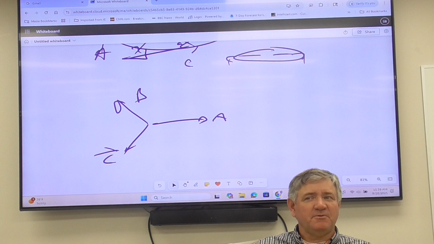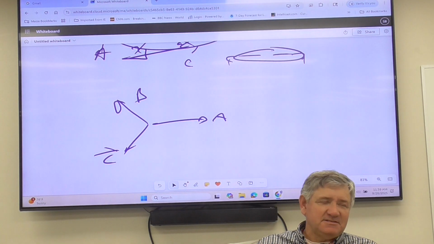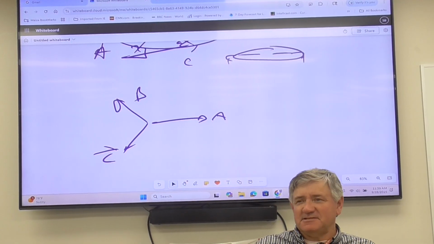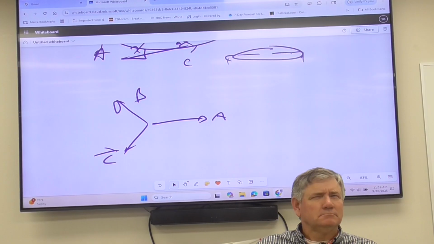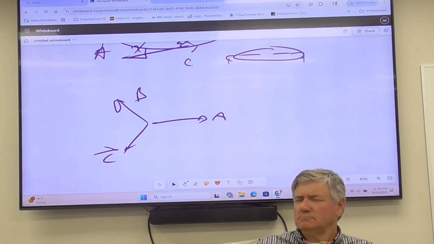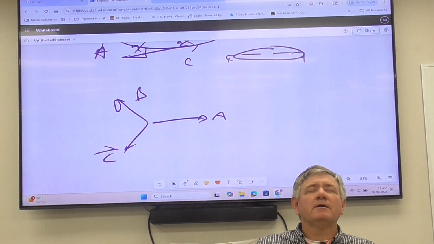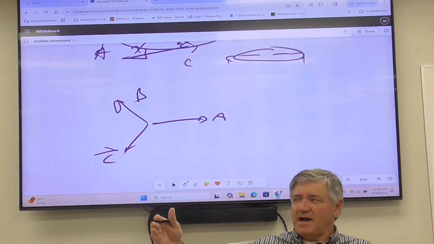Is mass a vector quantity or a scalar quantity? It's just a mass. You can't give mass a direction. It's like, what do you weigh? 120 pounds north. Really? Weird. But this is why you have to have the forces.